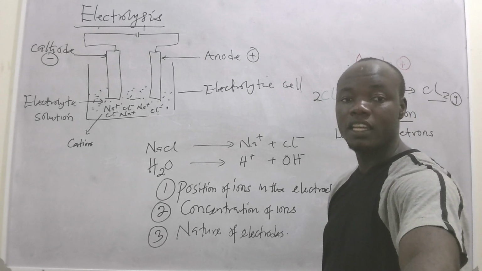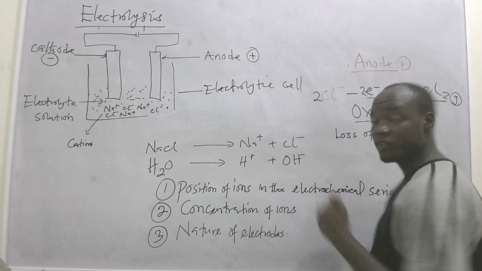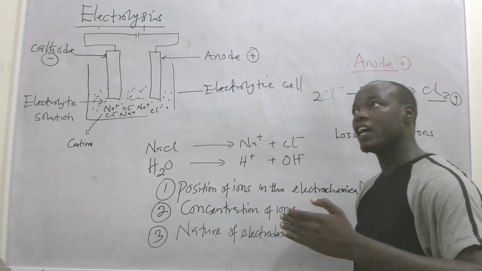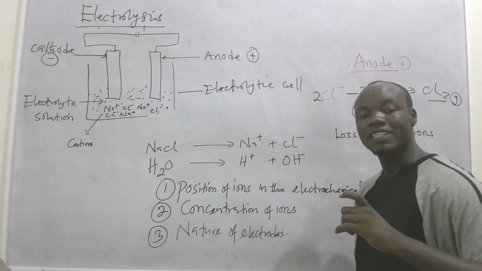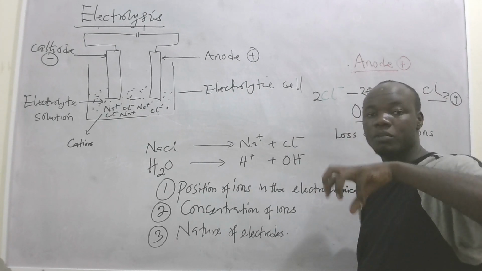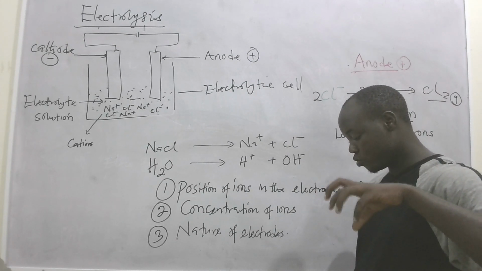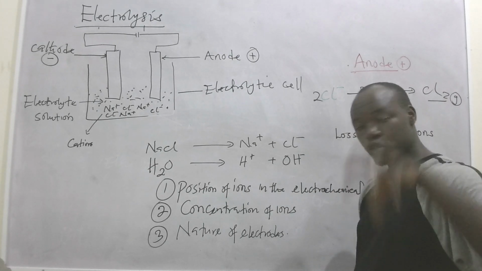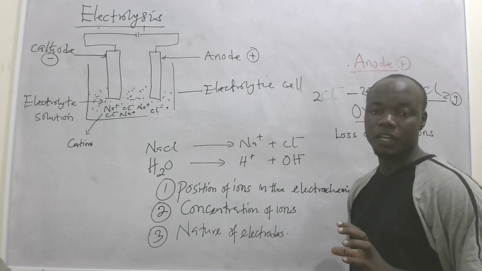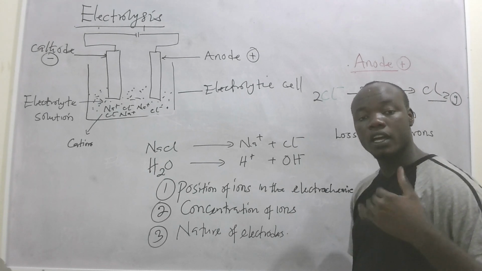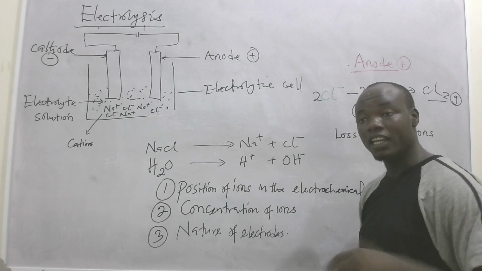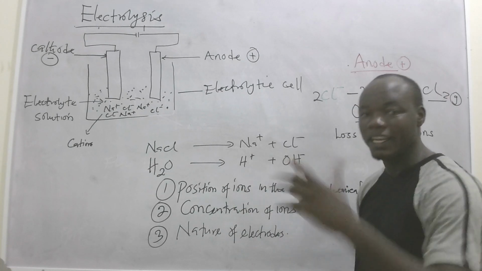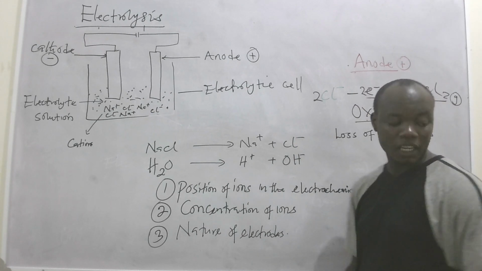So in the case of metal ions, those positive charges that are higher in the electrochemical series will discharge those that are lower. But in the case of negative charge, that is non-metal, those that are lower in the electrochemical series will displace those that are higher in the electrochemical series.